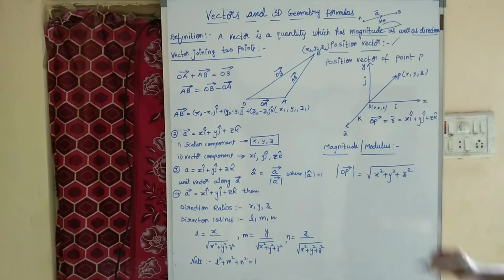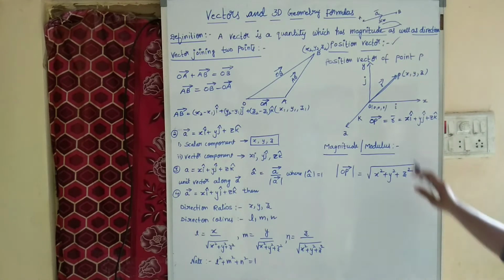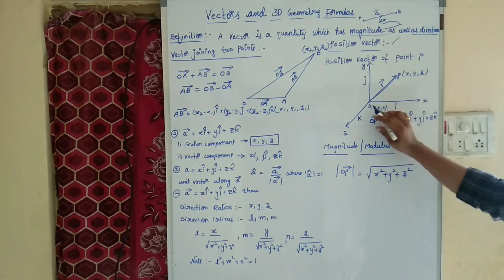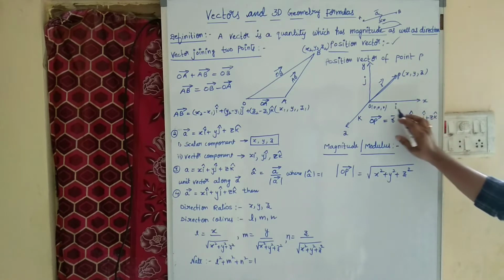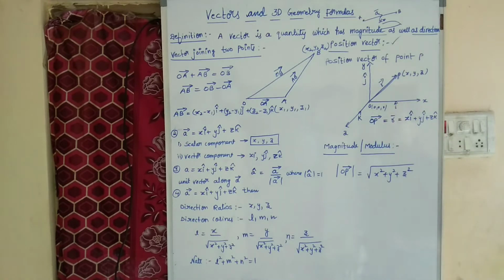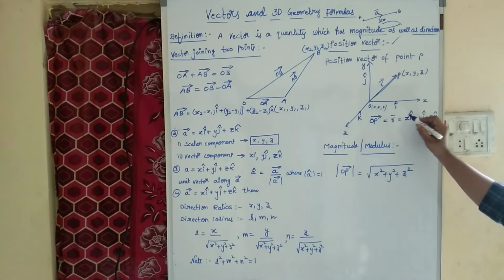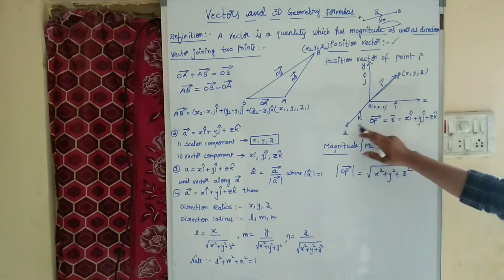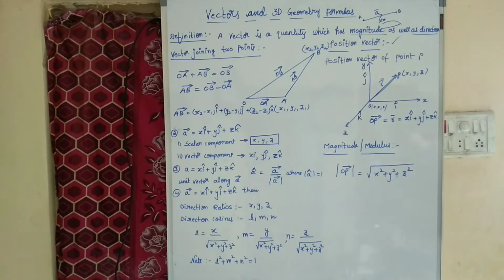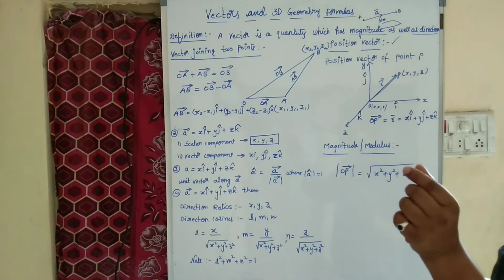Then the position vector OP, we can also represent by r, which is nothing but in the direction of x axis i cap, this is j cap and this is k cap. So position vector OP equals xi cap plus yj cap plus zk cap.